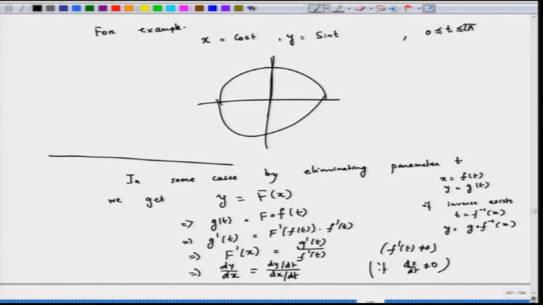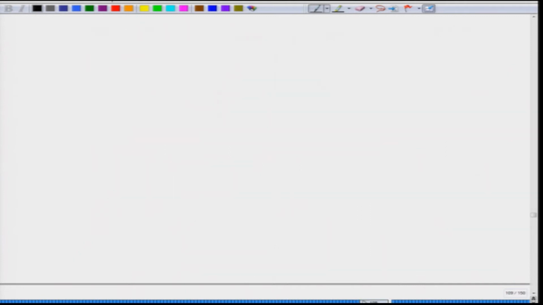Now, the slope of the tangent of the curve y equal to F of x, where y is written as y equal to F of x at x, is F prime of x. Right. So now we can find the slope of the tangent to the curve.